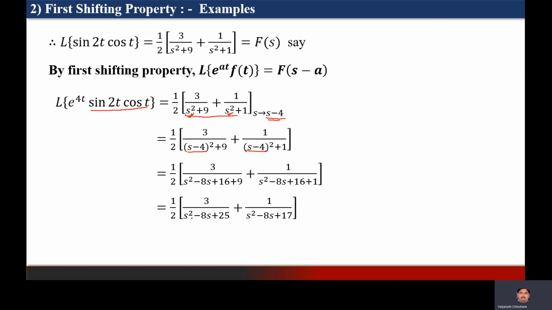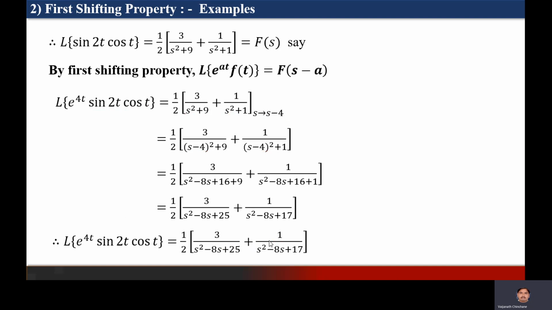Therefore we get 1 by 2 times 3 upon s square minus 8s plus 25 plus 1 upon s square minus 8s plus 17.